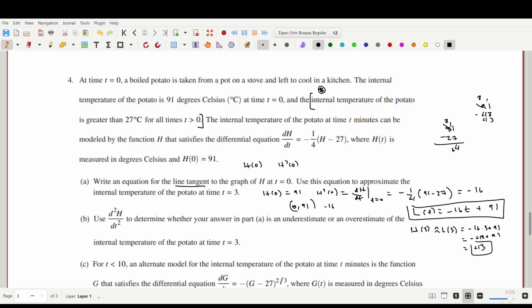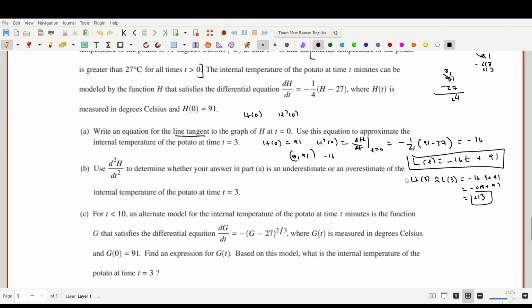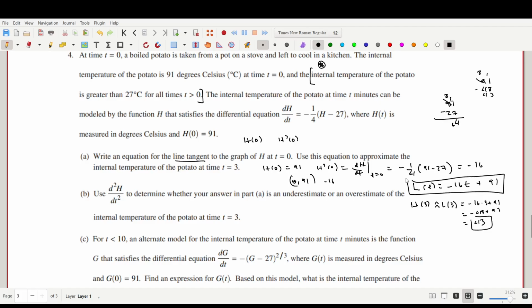Okay. B, use d squared h dt squared to determine whether it's an under or over estimate. All right. Do I have enough room here? Yeah, I probably do. So d squared h dt squared, if you differentiate, is just negative a quarter dh/dt. I mean, if you expand this, you'd get that guy and then a constant. The constant goes away. And the common mistake is that the derivative of h is dh/dt.